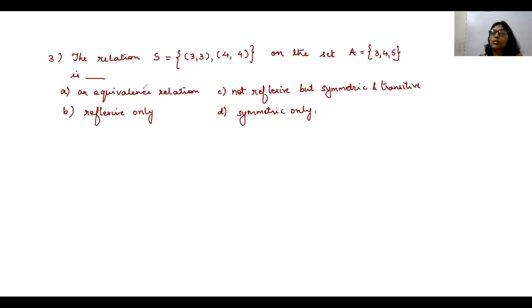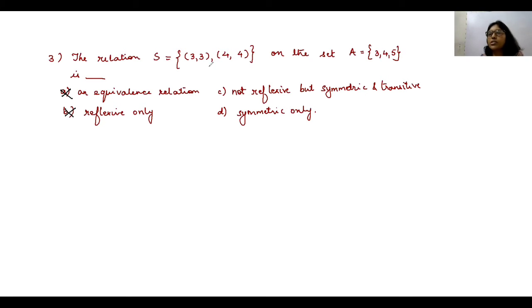Here we have to check whether the relation is equivalence, reflexive, symmetric, transitive, all these things. It is not reflexive because 5 is not there, so the first option automatically gets cancelled, and also the second option. Now we have to look among the rest, so we'll look for transitivity.